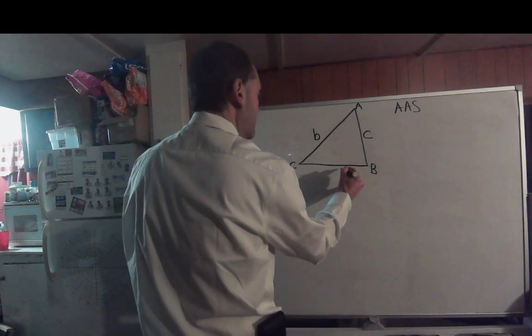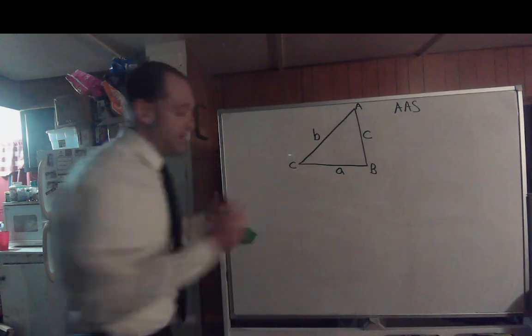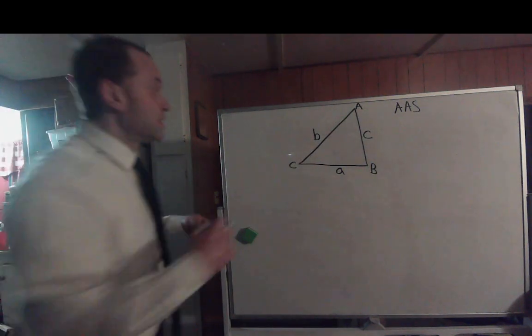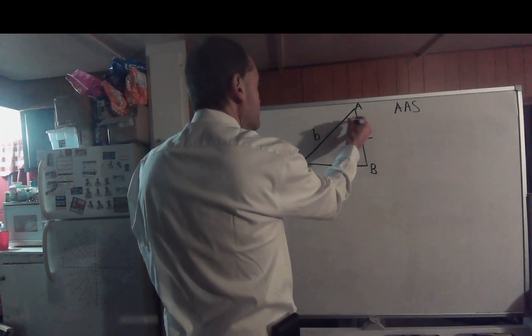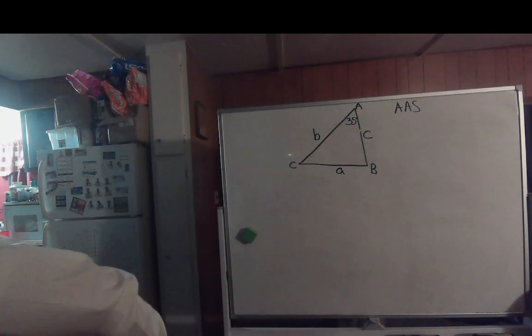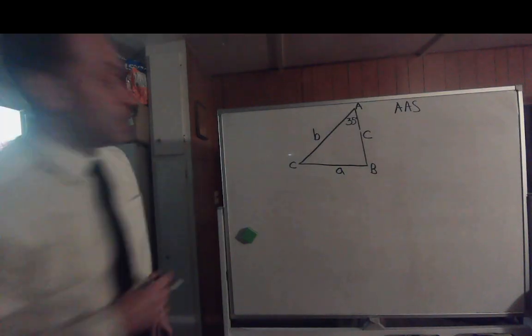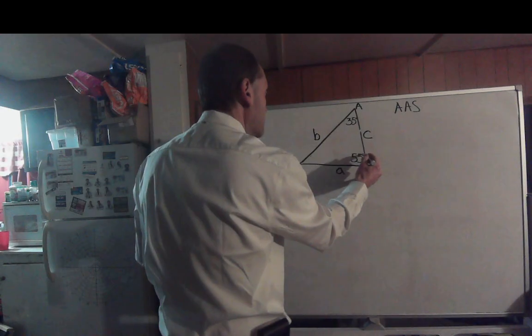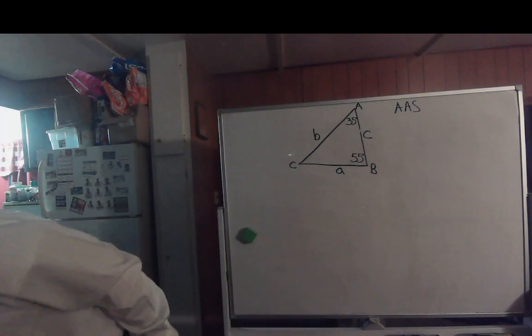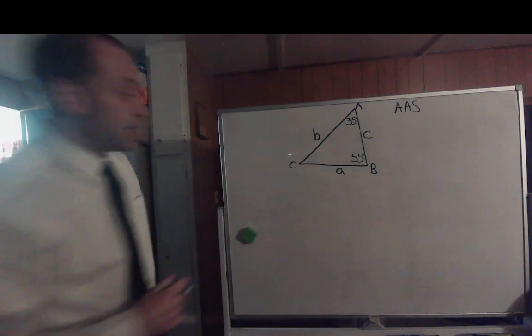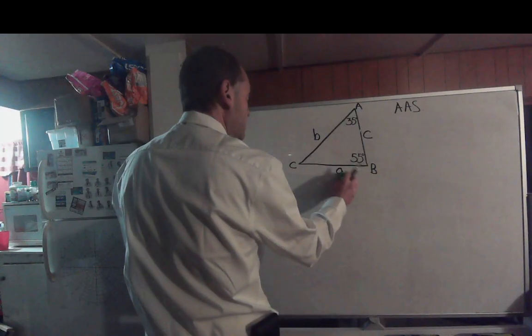Let's just label this all correctly. Okay, what do we got? Another one like it. So angle A is 35 degrees. Angle B is 55 degrees. And then side A is 18 millimeters.